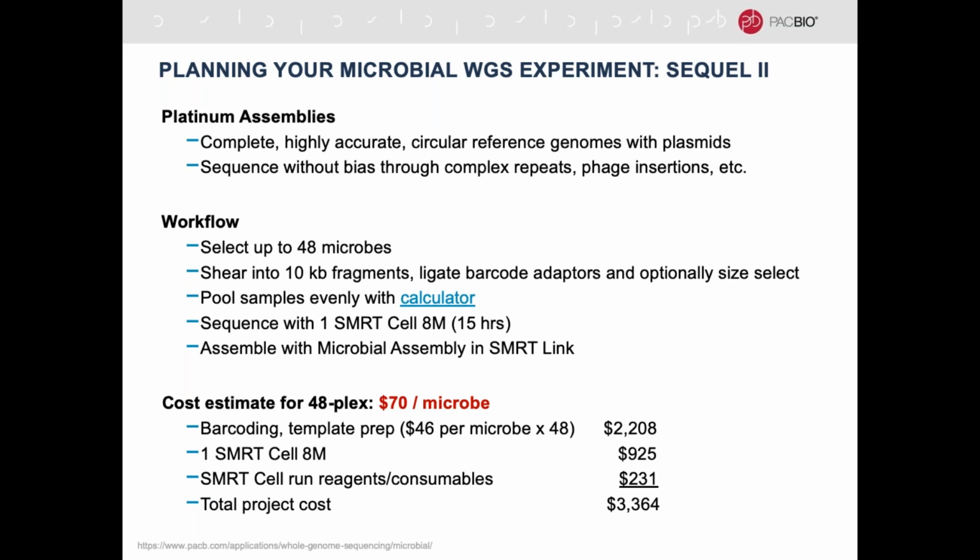And I believe this can accommodate up to 300 megabases of total genome sizes. So that is to say that the 48-plex should total, all the genomes should add up to, I believe, 300 megabases or less.